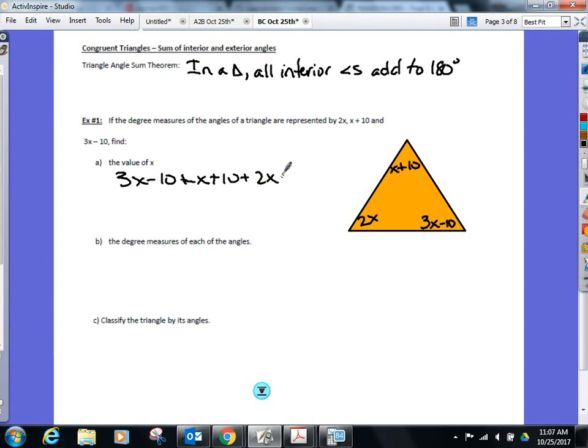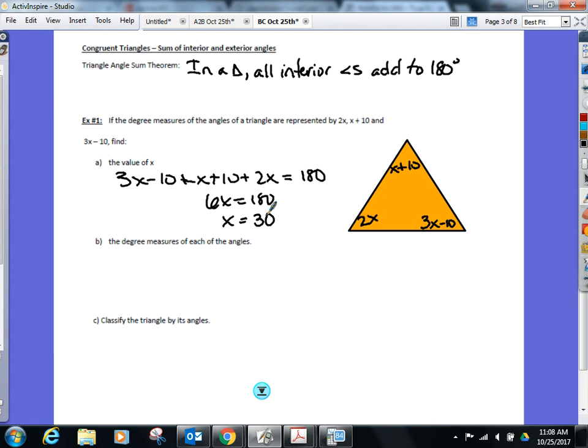All right, let's solve it. Getting x equals 30. Perfect. Let's go to part B now.